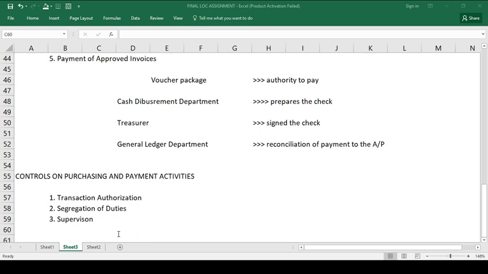So, if the receiving department lets the orders enter the company without validating the existence of a valid purchase order, verifying the purchase order against what he receives, and examining defects, it will incur losses on the part of the company.